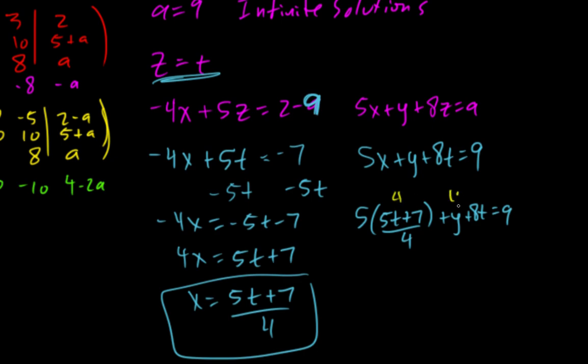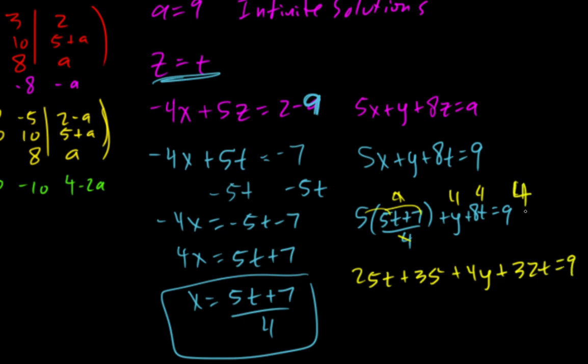Multiply everything by 4 to clear that fraction, and distribute the 5. These 4's cancel. Oh, that's a 4, not 11. 36.